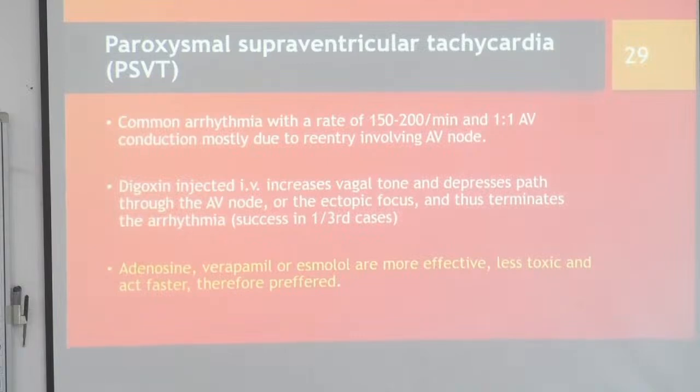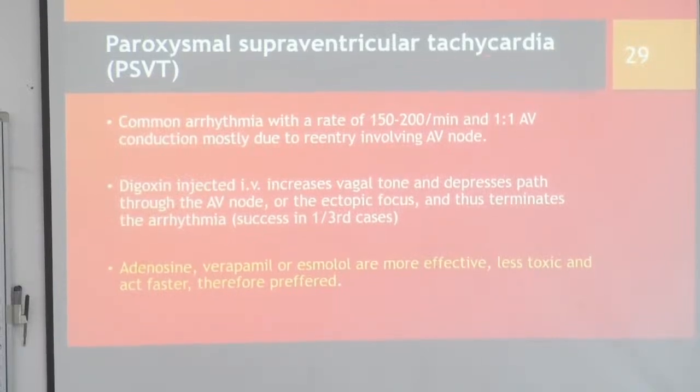Now, the second arrhythmia where digoxin may be used is paroxysmal supraventricular tachycardia. It is a common arrhythmia with a rate of 150 to 200 and 1:1 AV conduction. In atrial flutter it was 1:2, 2:1 or 3:1; here it is 1:1, as much atrial rate as comes will be conducted through the AV node.